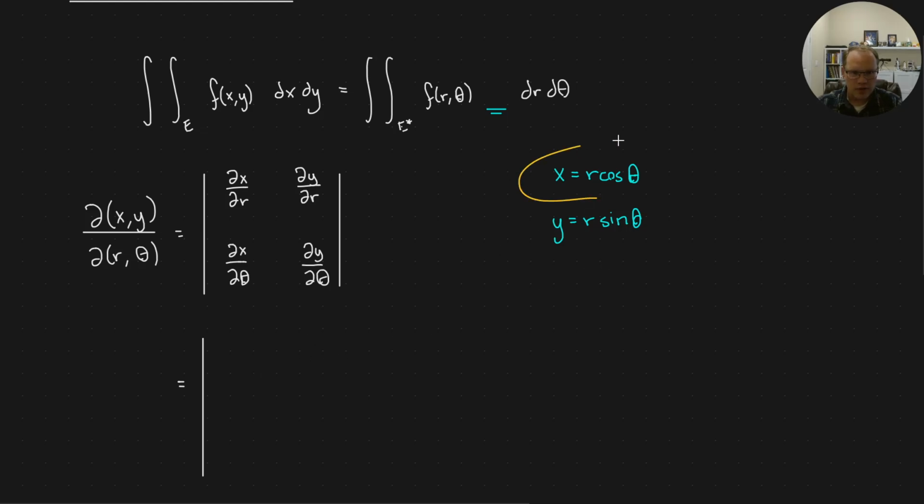So partial derivative of x with respect to r is just cosine theta. Partial derivative of x with respect to theta would be negative r sine theta. Partial derivative of y with respect to r is going to be sine theta. And partial derivative of y with respect to theta would be r cosine theta.